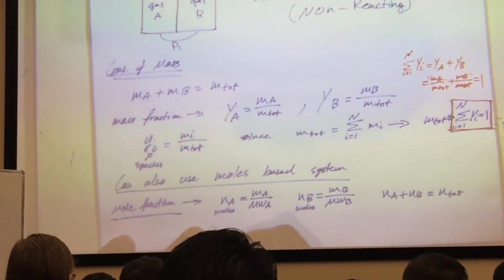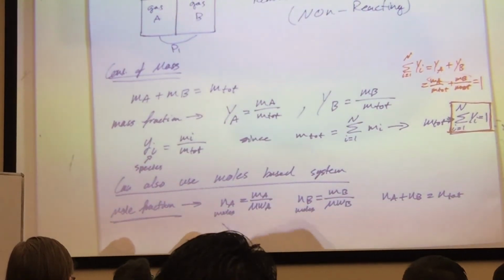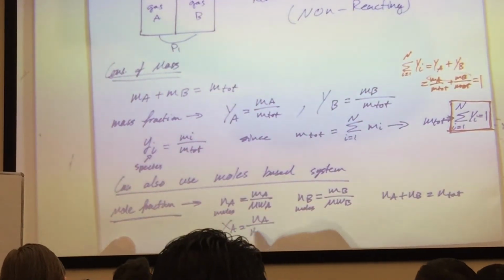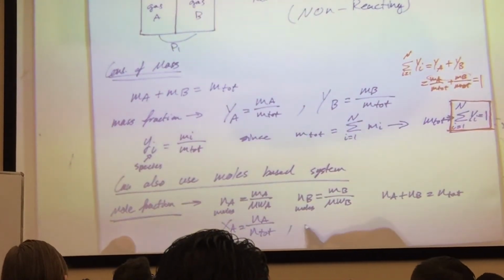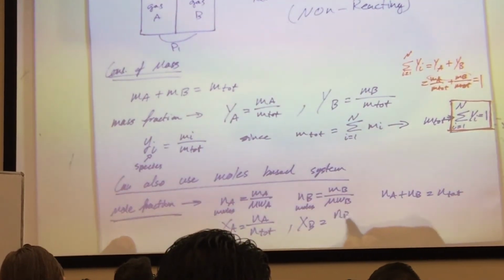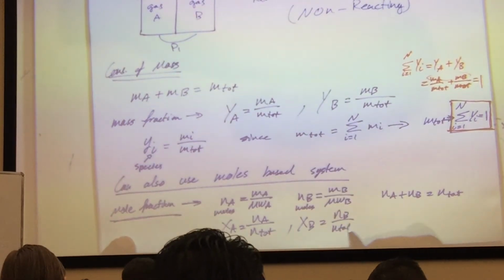So my mole fraction XA is going to equal NA over N total, as we predicted, and XB equals NB over N total.